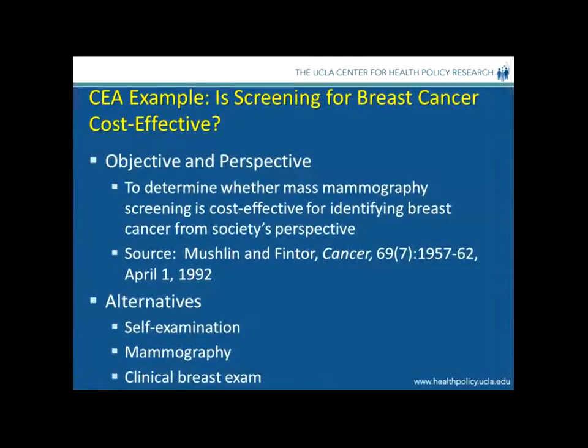Obviously, the question of mass screening for breast cancer continues to be controversial, and there are literally thousands of studies that have been done on this topic. This is one of the earlier ones. They looked at the alternatives of self-examination, mammography, and a clinical breast exam.